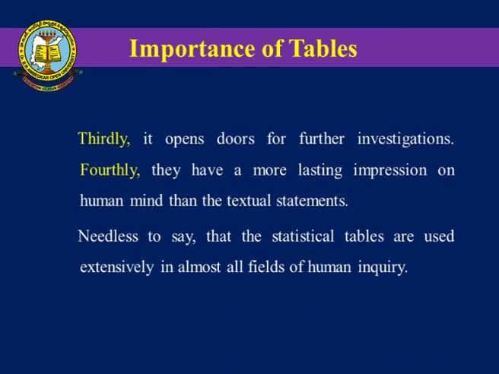Thirdly, it opens the way for further investigation. Fourthly, tables can leave a more lasting impression on the human mind than textual statements. Needless to say, statistical tables are used extensively in almost all fields of human enquiry. That is the foremost advantage and importance of statistical tables.